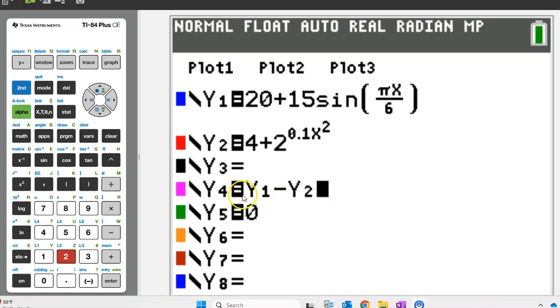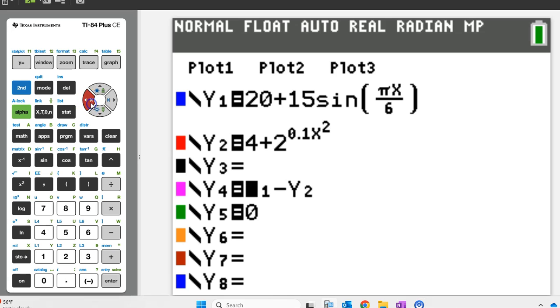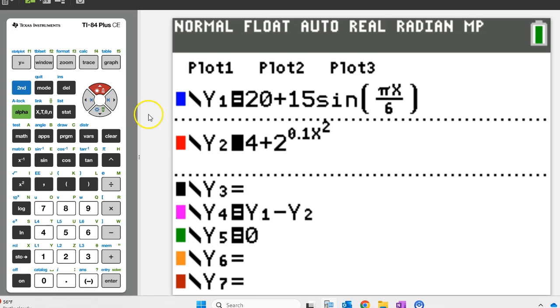Remember, our goal is to graph f prime, which will act as our f prime sign chart. But right now, we are also graphing y1 and y2. So let's turn these equations off. You can go over to the equal sign, and if you hit enter, see how this is highlighted right now?